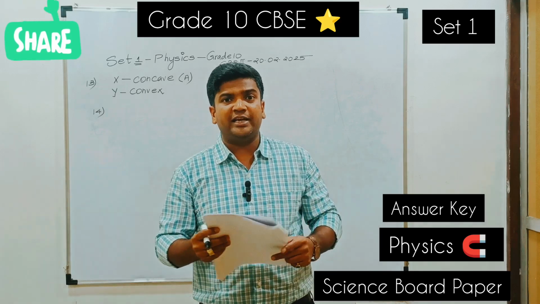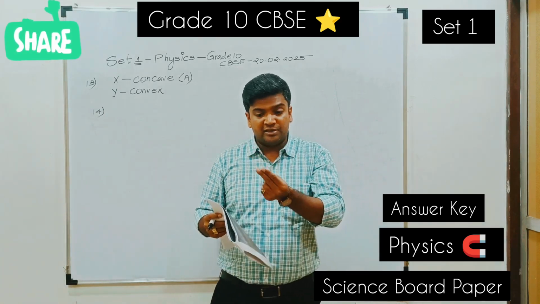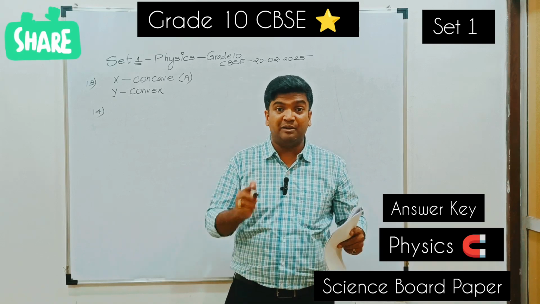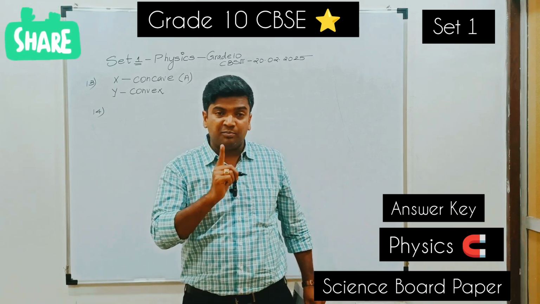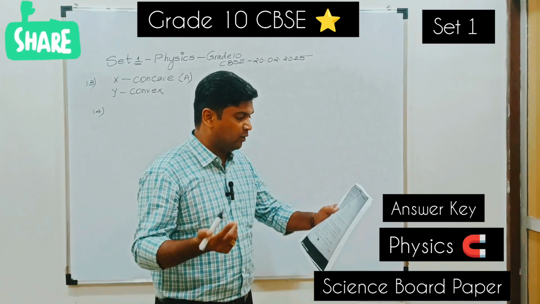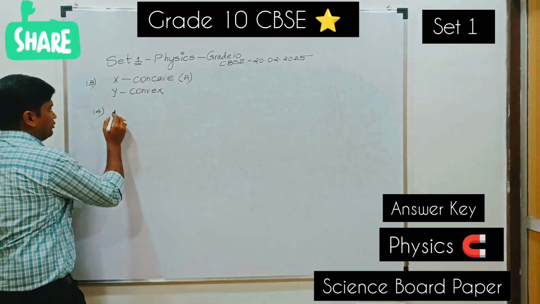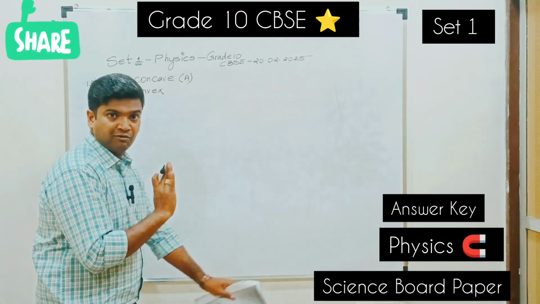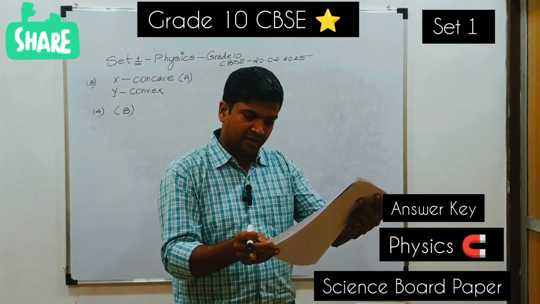Weakening of ciliary muscles and diminishing flexibility of the eye lens: definitely old age people. So definitely presbyopia, and to correct presbyopia, we have to use a bifocal lens. So the right option is B. Without much discussion, I can go for option B. Fine, so both the MCQs are done.